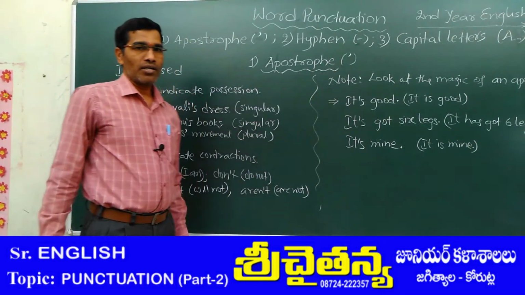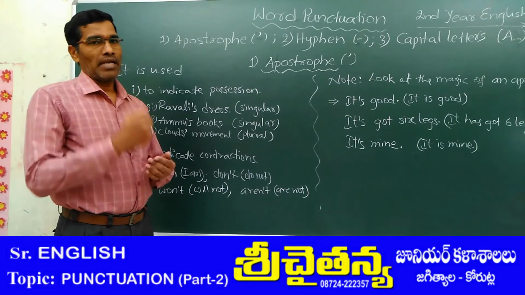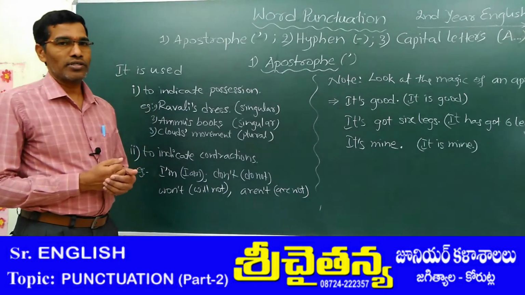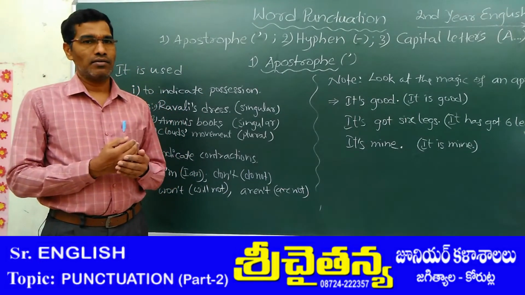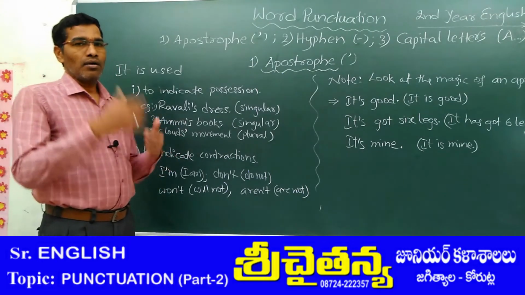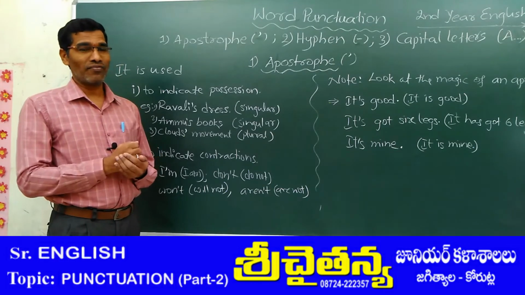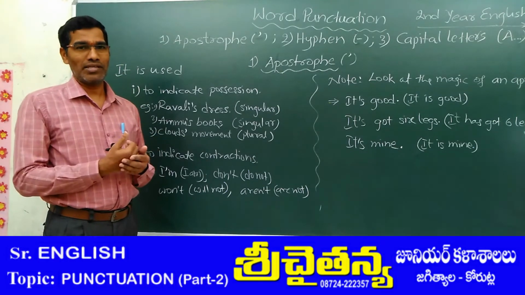Apostrophe is a mark used on the top of the letters. In our introduction to punctuation, we discussed one example: "These are my employees'." Before the S there is an apostrophe, and after the S there is an apostrophe, right?